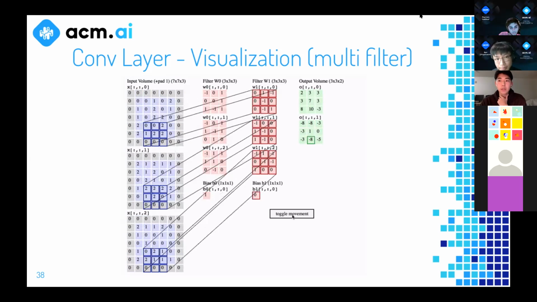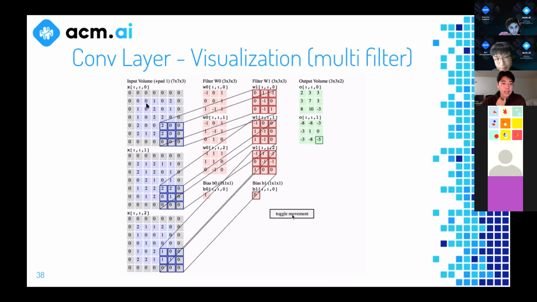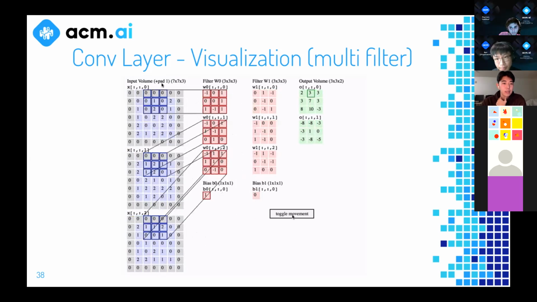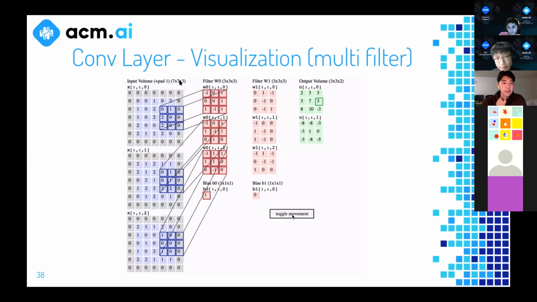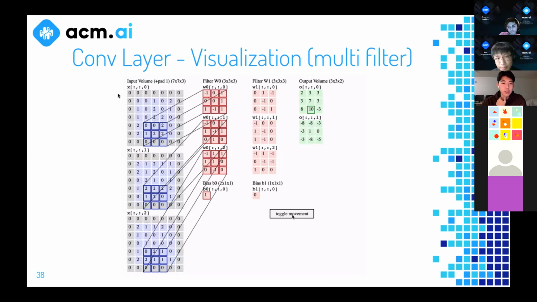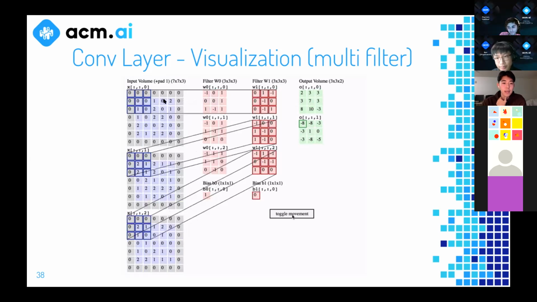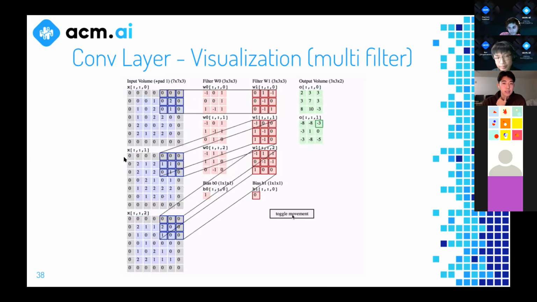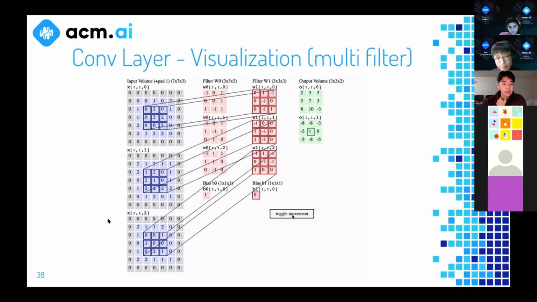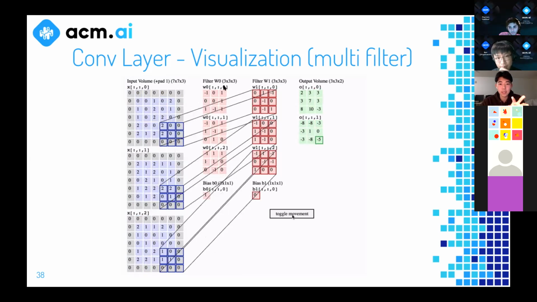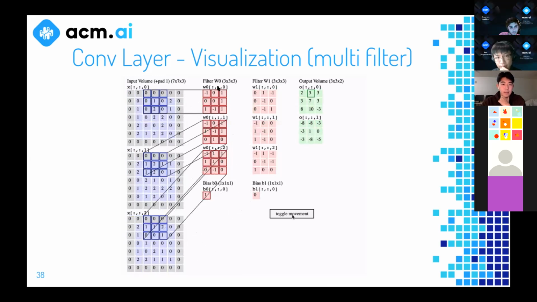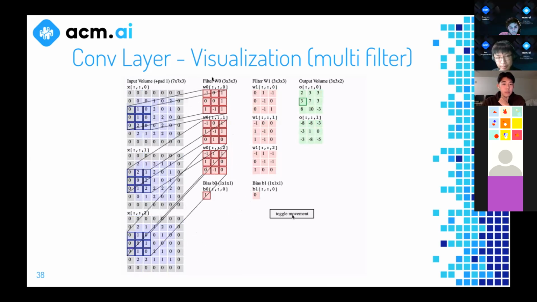No. Okay. So again, like Ben said, if we consider our input volume, this would be a 7x7 color image. This would correspond to the red, this would correspond to the blue, and this would correspond to the green. We will have 2 filters in this particular example. We have a filter W0.